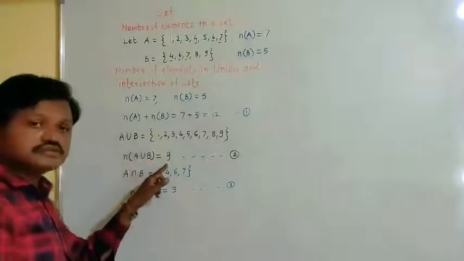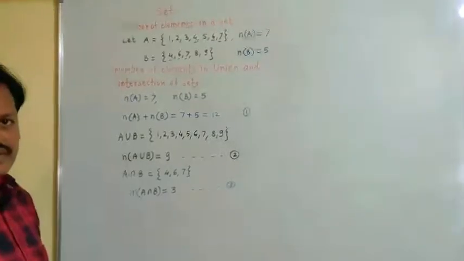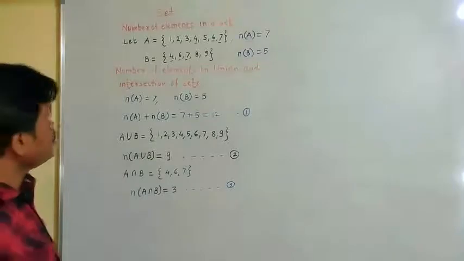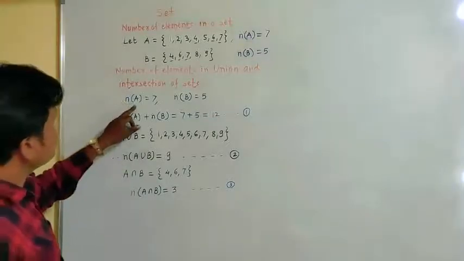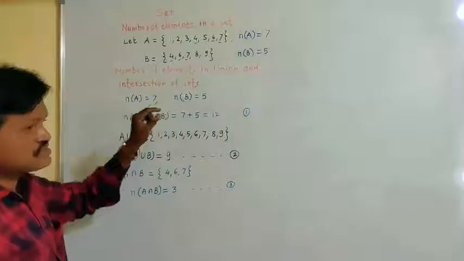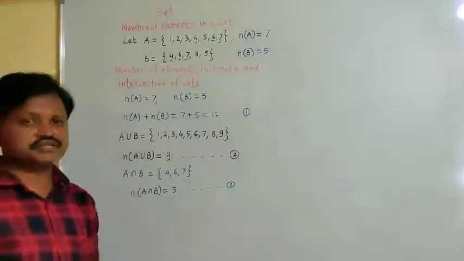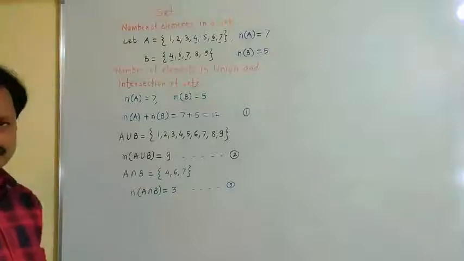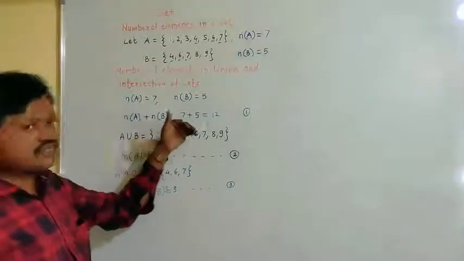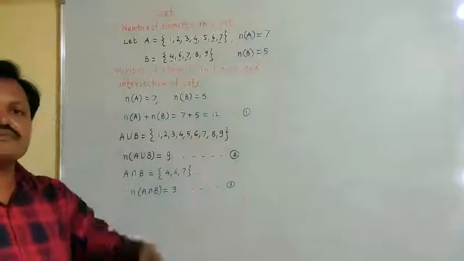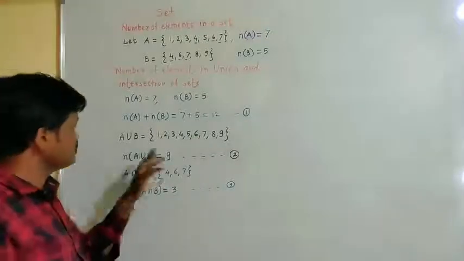How many is it? 9. Why is it? Because in set A and set B some numbers are twice. काही numbers दोन वेळा येतात, repeat येतात, double येतात. So twice numbers are minus, twice elements are minus here. So you get this number here as 9.